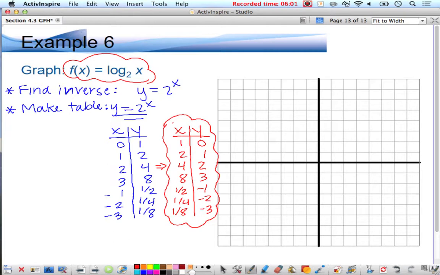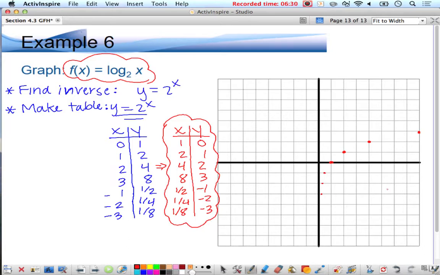Then to graph the log with the same base, you simply switch the x's for the y's and the y's for the x's. So let's take a look. (1, 0), (2, 1), (4, 2), (8, 3), (1/2, -1), (1/4, -2), and (1/8, -3).